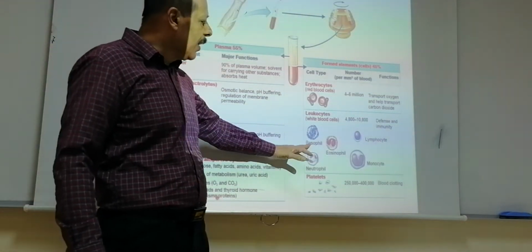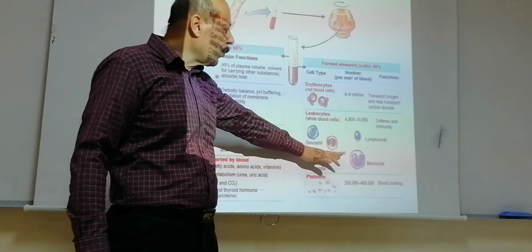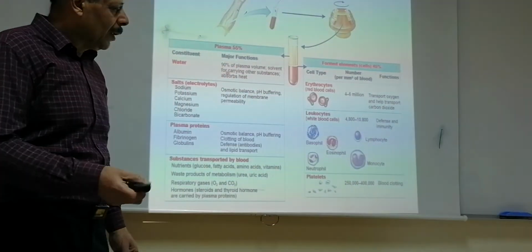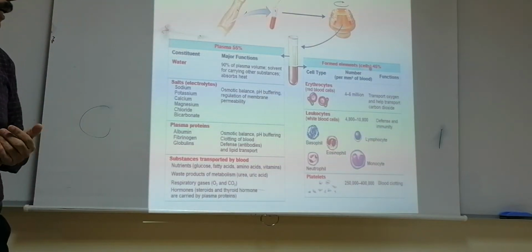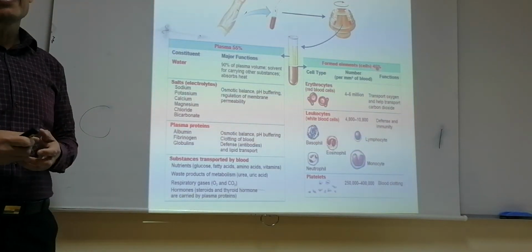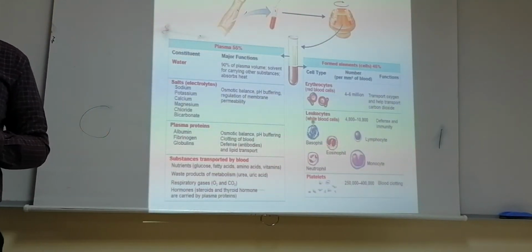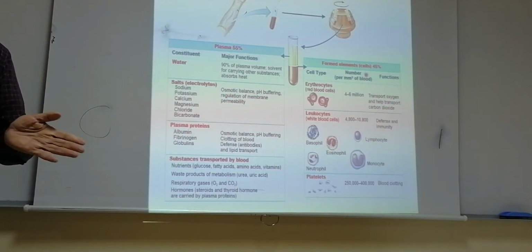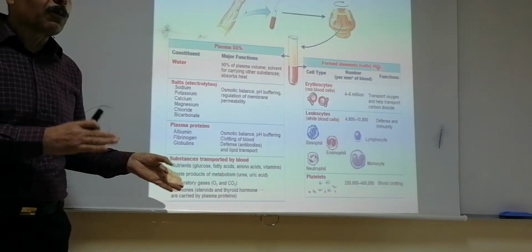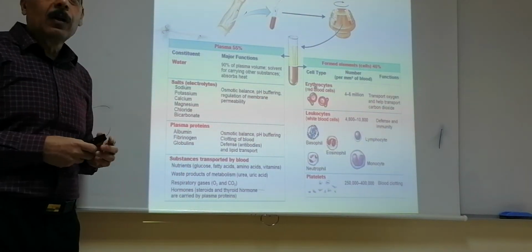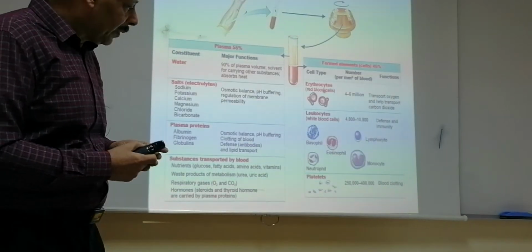We have the basophil, neutrophil, eosinophil, lymphocyte and monocyte. So those are the white blood cells. We will also come to them, and we will divide them into granulocytes and agranulocytes. We will also see the function of all of them.